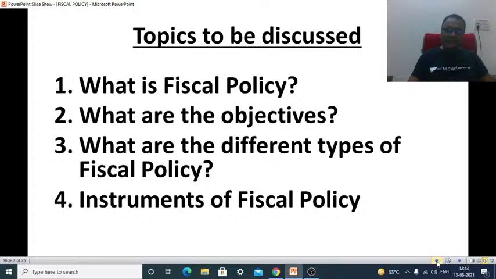A farmer is producing rice or wheat, an industrialist is producing iron and steel, and a doctor is providing health. But what is the productivity of a government servant, an IAS officer or IPS officer or IRS officer?